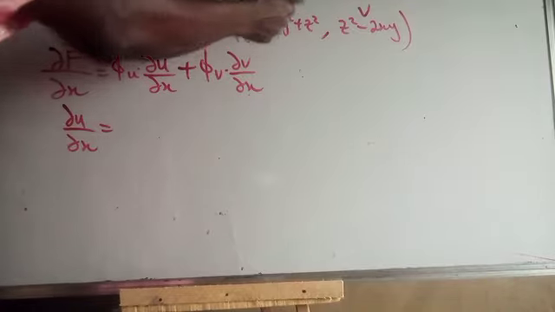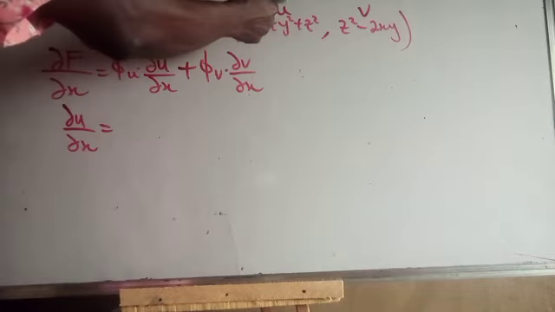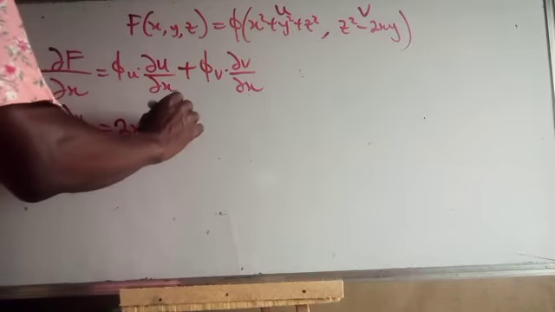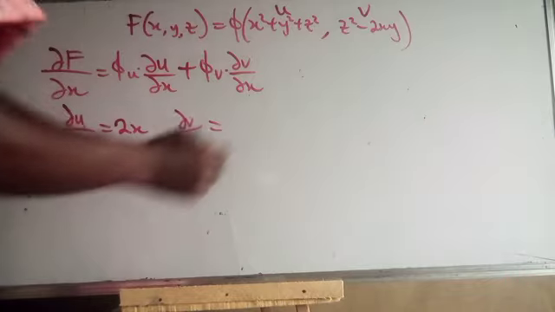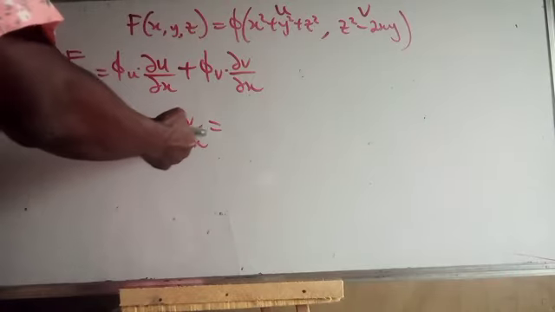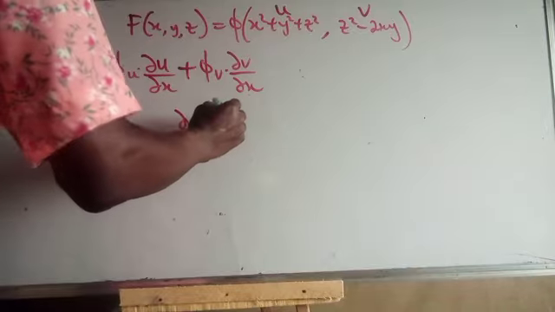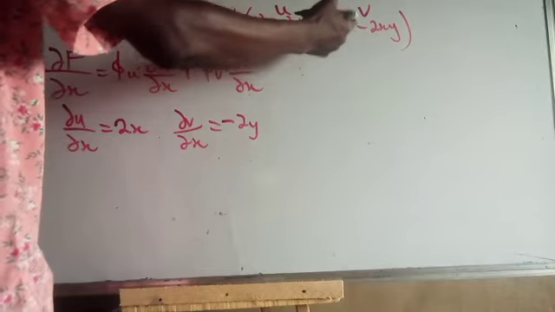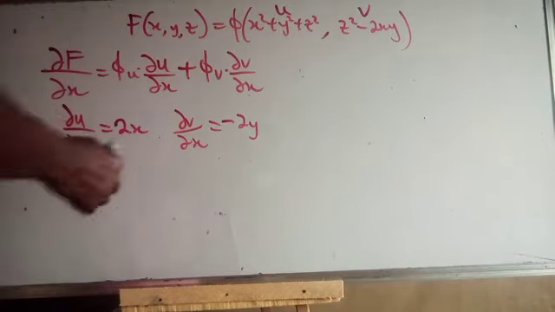Our u is x squared plus y squared plus z squared. When you differentiate u with respect to x, you have 2x. Then for the second one, differentiating v with respect to x, you have minus 2y. You are not concerned with y squared, you are differentiating with respect to x.